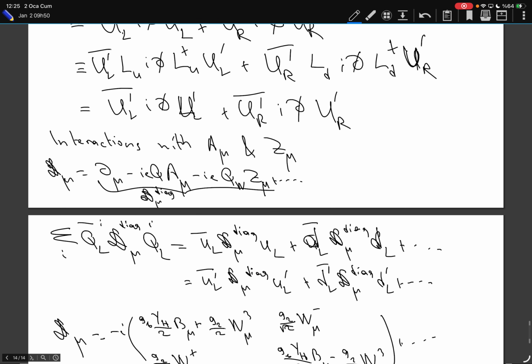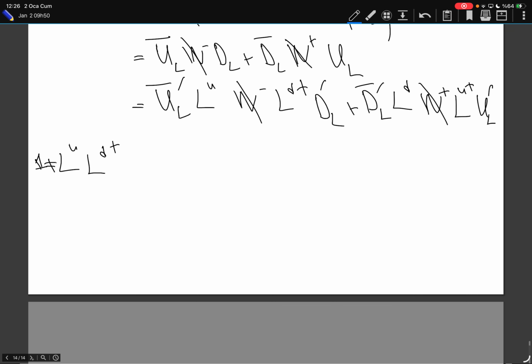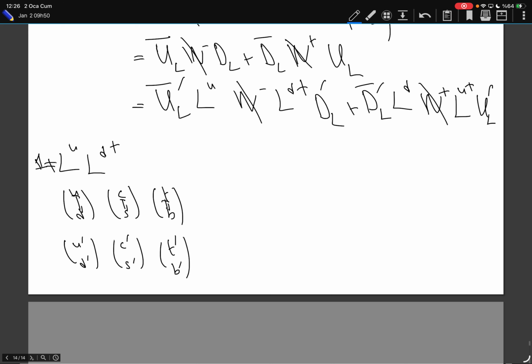You see, before, when I had these SU2 multiplets, UD, CS, TB, in the original multiplets, I only have transitions within the same multiplet. But now, if I identify U prime, D prime, C prime, S prime, T prime, B prime as my new doublets, yes, I will get diagonal transitions, but I also have off-diagonal ones, because this matrix product is not identity.